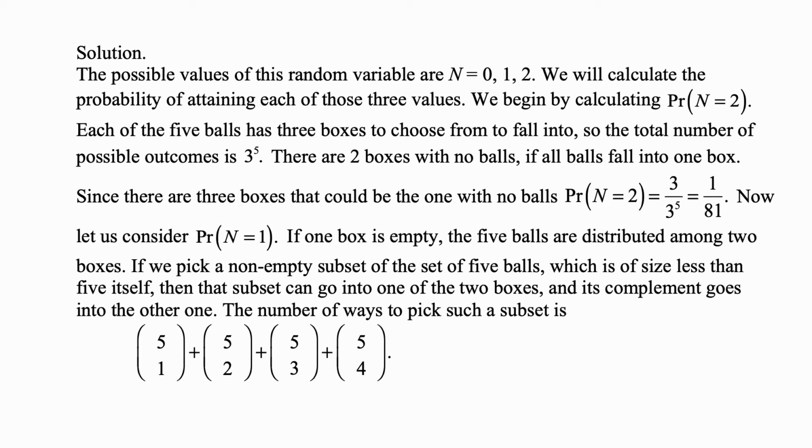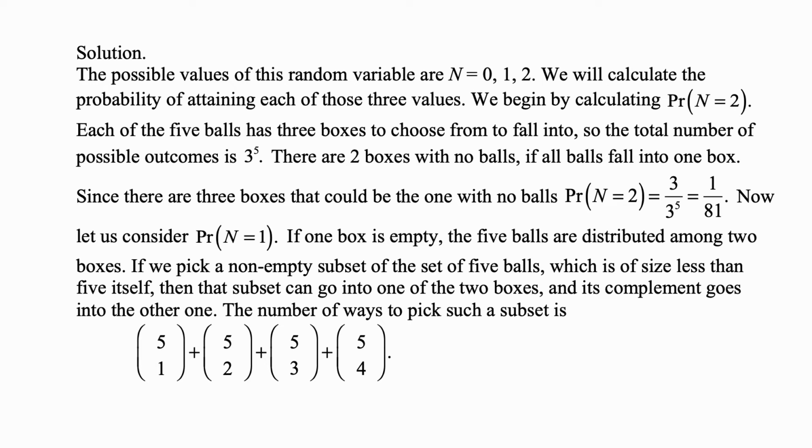Now let us consider the probability that n is 1. If one box is empty, the 5 balls are distributed among 2 boxes. If we pick a non-empty subset of the set of 5 balls, which is of size less than 5 itself, then that subset can go into one of the 2 boxes, and its complement goes into the other box.